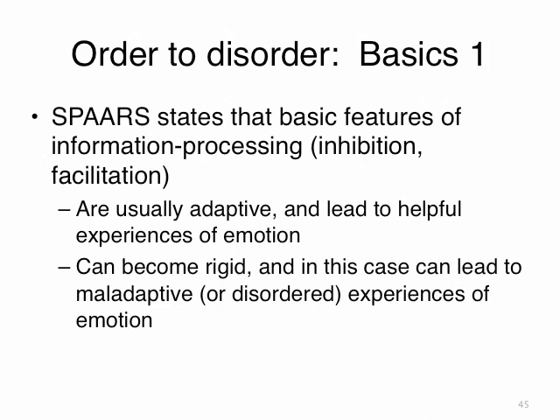Essentially, these basic features of information processing, particularly within a spreading activation network, this concept of inhibition or facilitation, are usually adaptive and lead to helpful experiences of emotion, but they can become rigid, and in the case of rigidity can lead to maladaptive or disordered experiences of emotion. So for example, within a spreading activation network, it's good that the activation of one node might facilitate the activation of a logically related node, because that helps us understand the world.